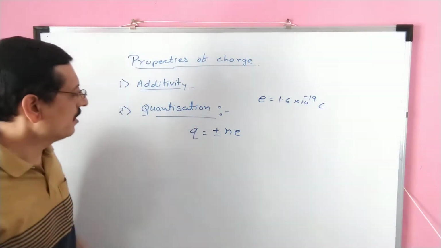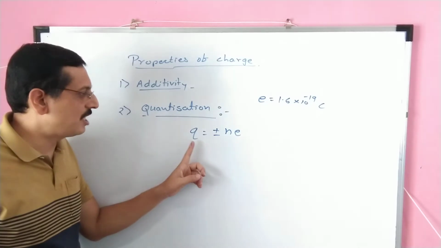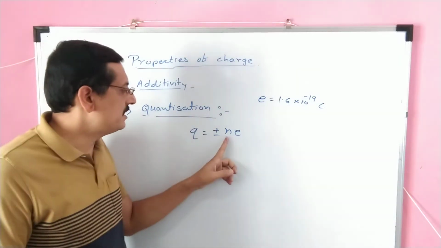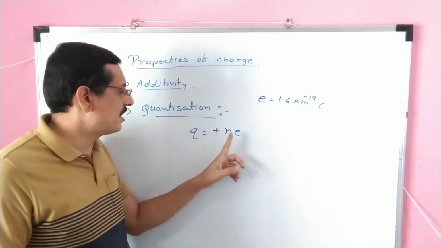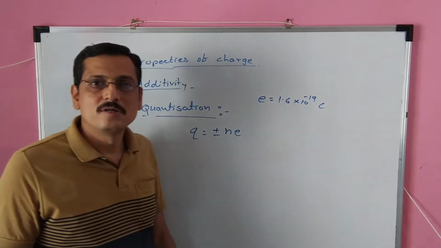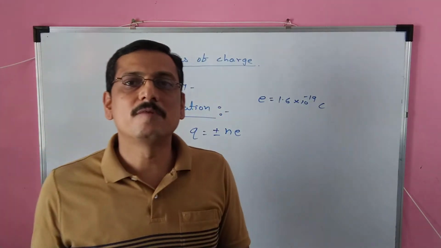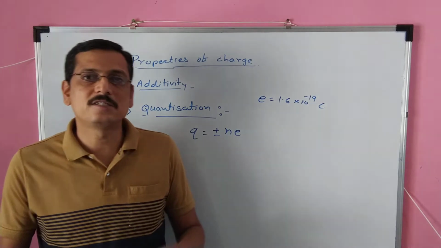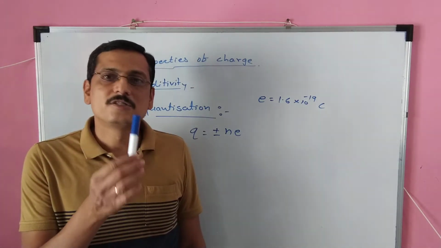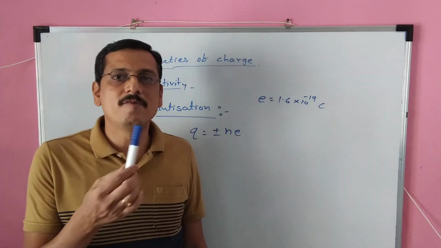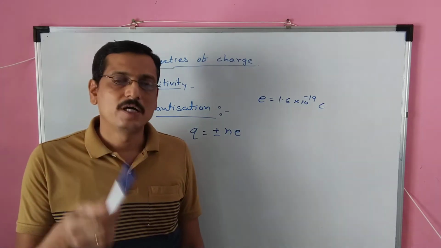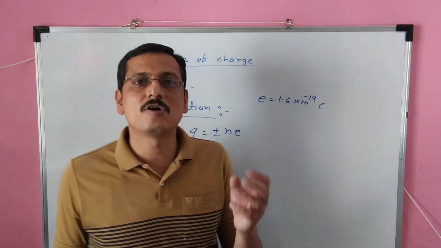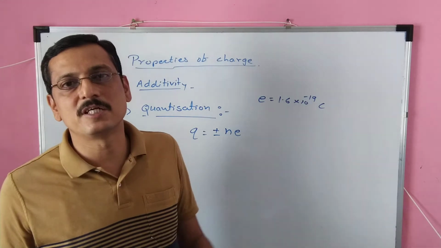So here it says that the total charge present is an integral multiple of the charge of the electron. Now whenever a question is asked about how much charge is present on a body, you have to check the n value, the integer value, and multiply it with the charge of the electron to get the total charge present on that body.